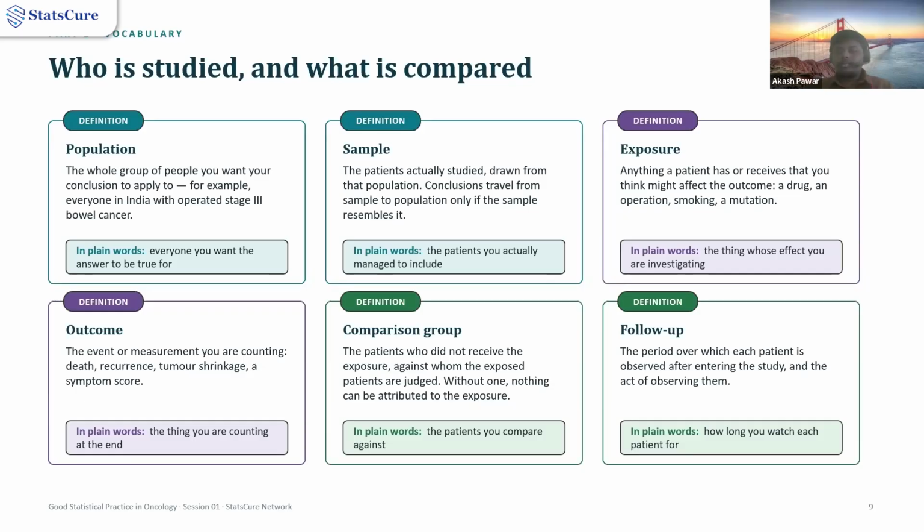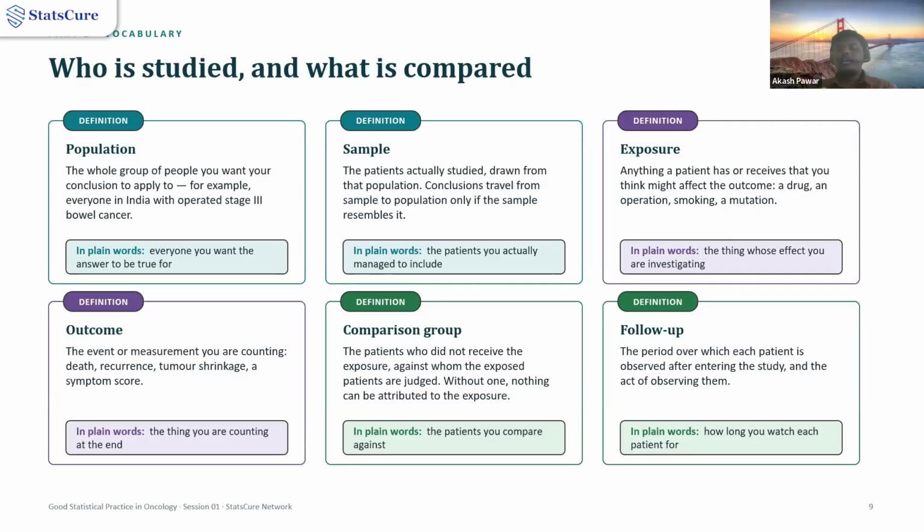Then the follow-up. Even to have a response, a patient needs to be in certain follow-up, right? Given some treatment, after 3 months, 6 months, you are going to assess their responses. So we need to define the follow-up correctly, and it plays a very important role in understanding the endpoint and the mathematical distribution to analyze it as well.